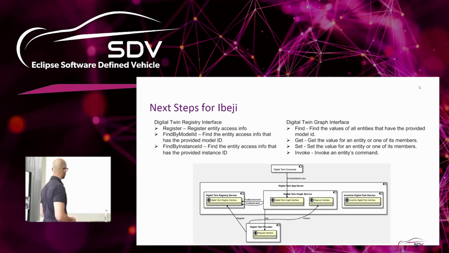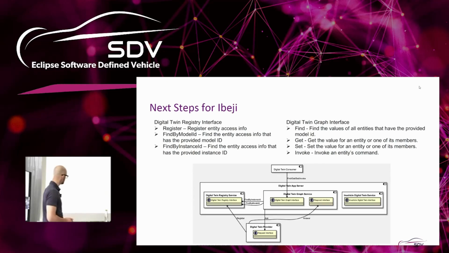So we left that there. We added, you could call this version 2 of the in-vehicle digital twin service, which we called the digital twin registry service.